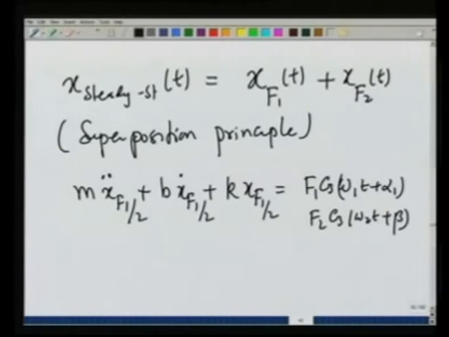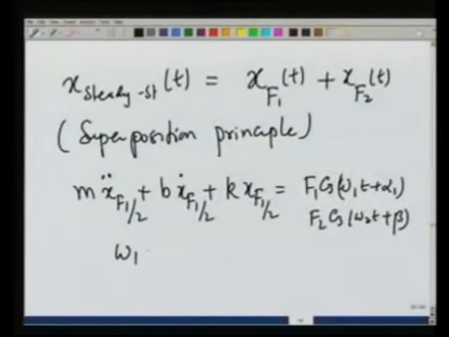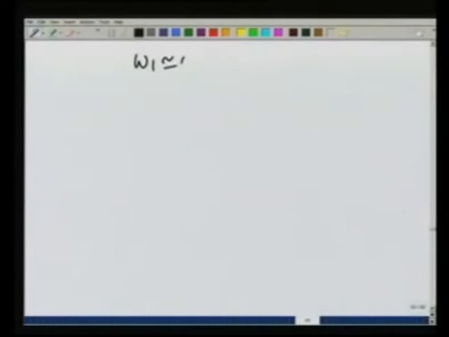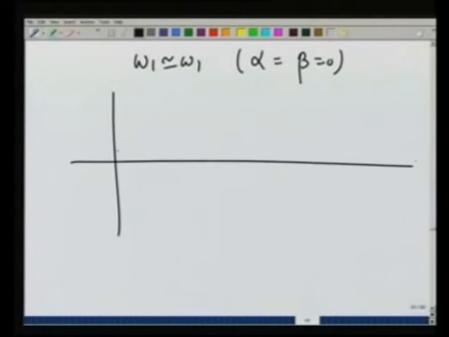I would like you to solve this problem, particularly see the case when omega 1 is nearly equal to omega 2. See what the sum of these two solutions looks like. What you will observe is that in this case, when omega 1 is nearly equal to omega 2, and let us take alpha equal to beta equal to 0, the solution would be of this form.